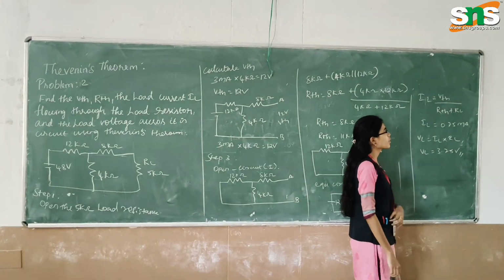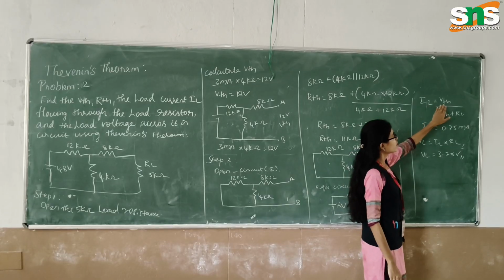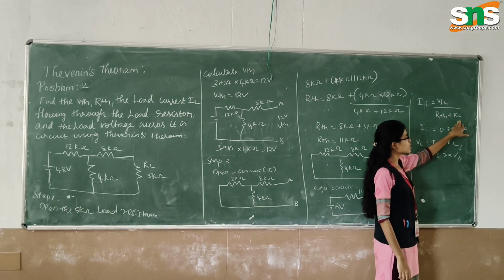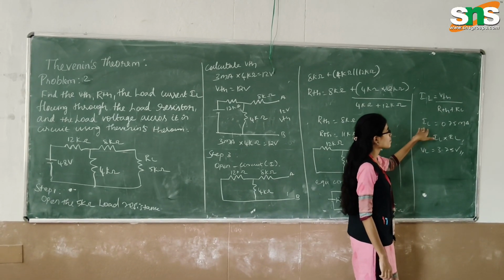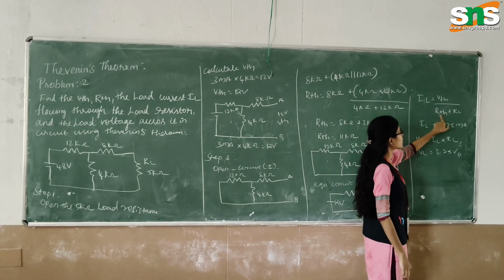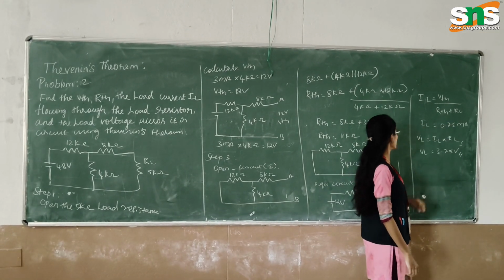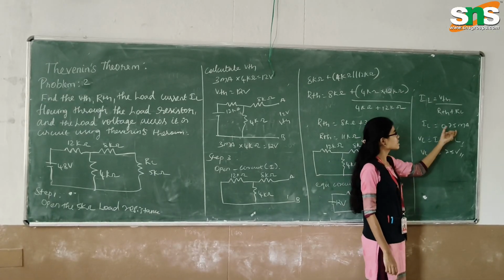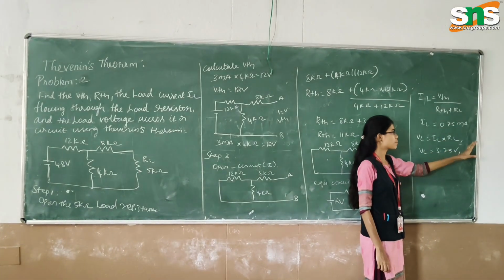So IL is equal to Thevenin voltage divided by R Thevenin plus load resistance. Substituting the Thevenin voltage as 12, R Thevenin as 11 and RL as 5, we get IL equal to 0.75 milliamps.